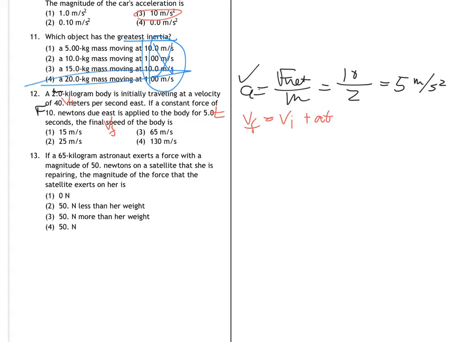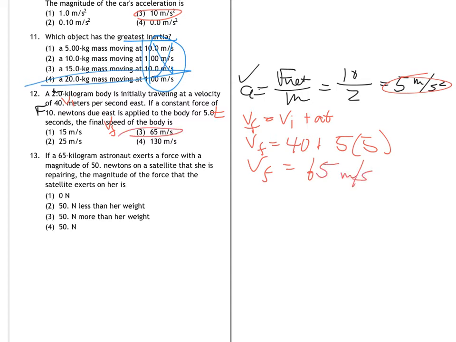VI was 40, the acceleration was 5, and the time that acceleration lasts is 5 seconds. I just did that in my head, but it looks like 65 meters per second is going to be the final speed.